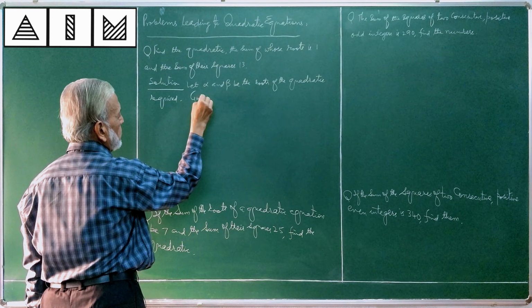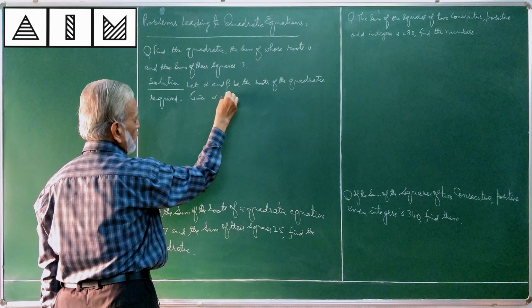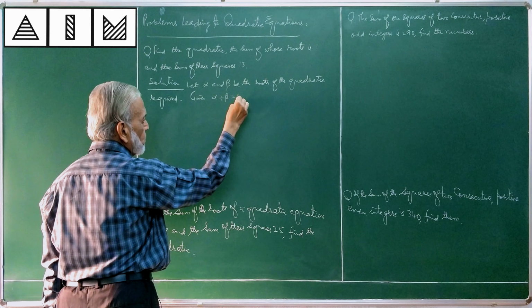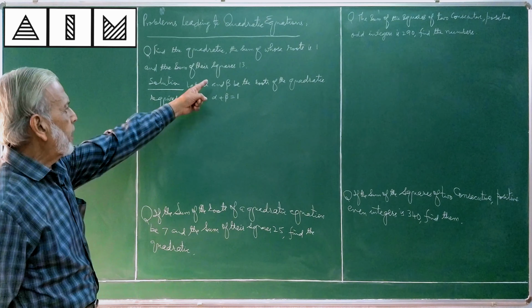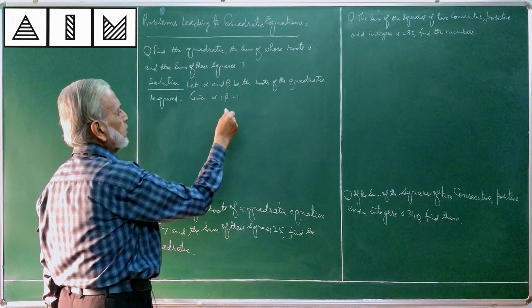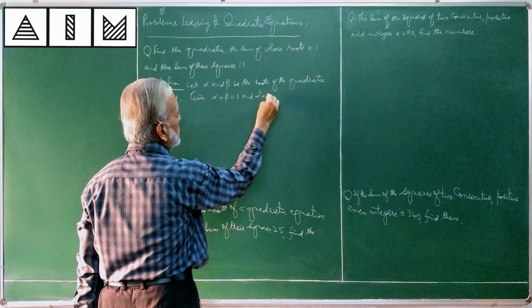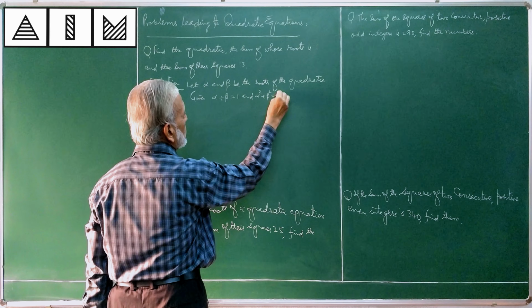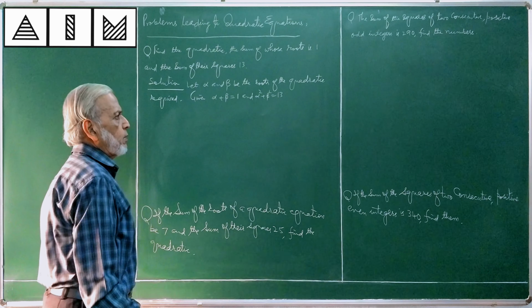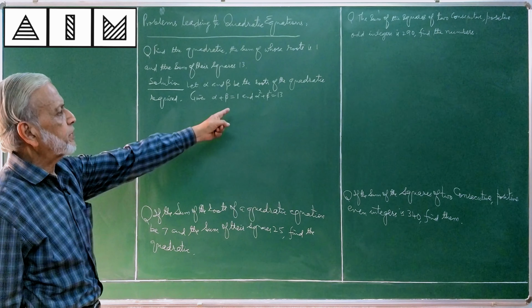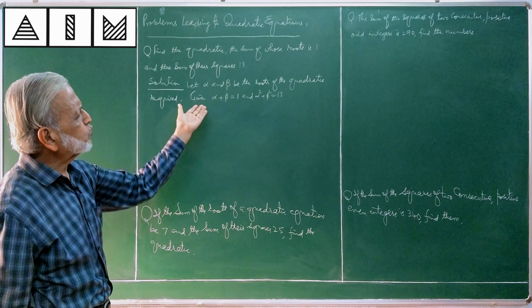Given alpha plus beta is equal to 1 and alpha square plus beta square is equal to 13. Sum of the roots 1 and sum of their squares 13. We have to solve these equations.